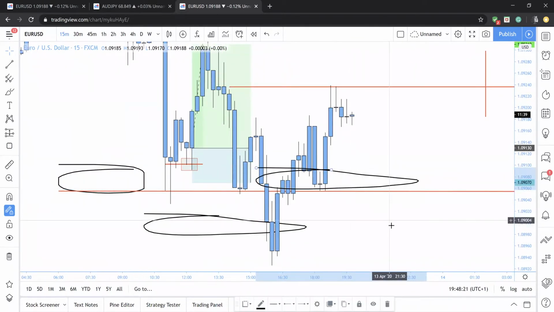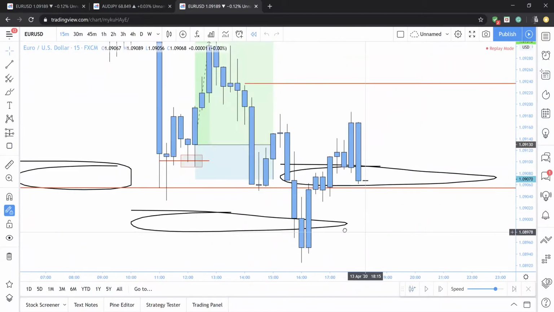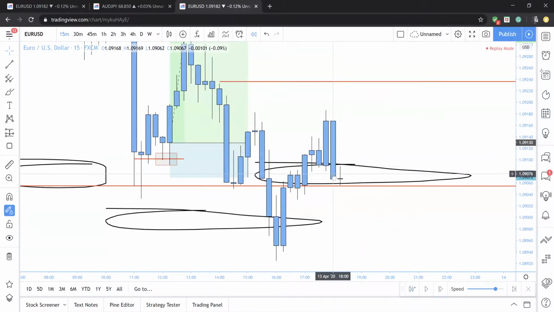Because you have that break of structure. I see what you mean, and then that higher low. But you only have that one candle here to indicate that that would have been the higher low. It's easy to see that that's the higher low now, but would you have taken that now as a higher low? Probably not, because there's a lot of pressure. Yeah, exactly. So it's easy to say it now, I suppose. Yeah, no, that's what I'm saying. It's easy to say now.